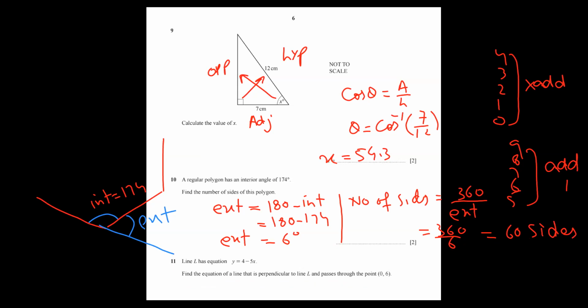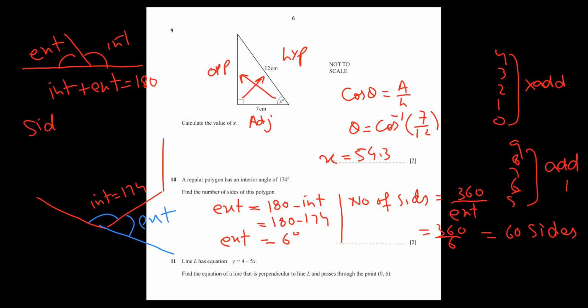I hope you got the idea. So the rule is very clear. Two rules: on a straight line, this is interior and this is exterior, so interior plus exterior is always equal to 180 degrees. And the sides formula equals 360 divided by exterior. These are our two formulas.